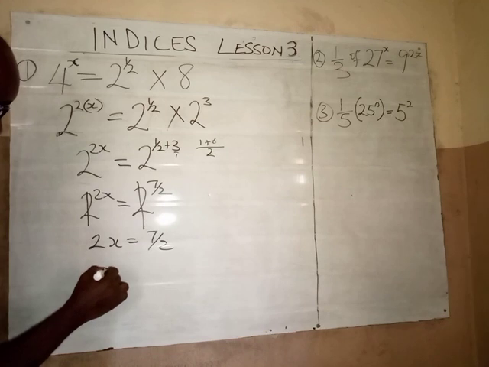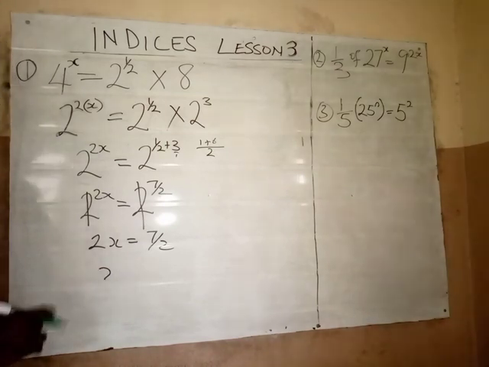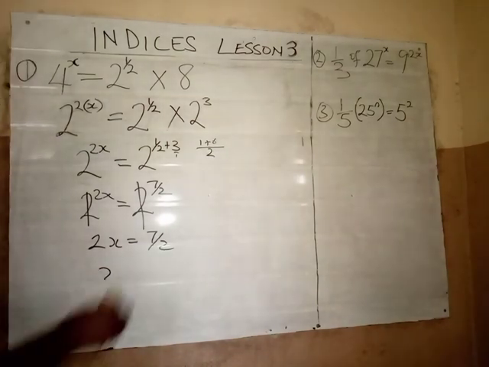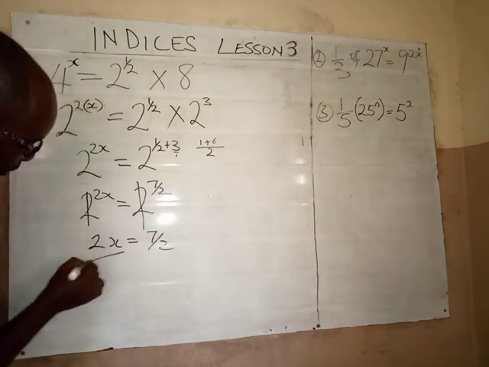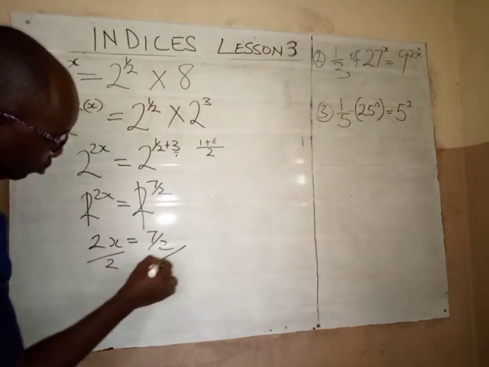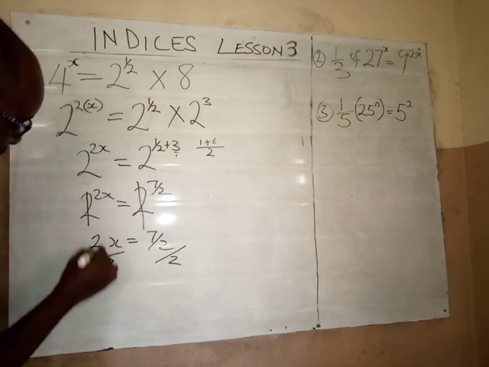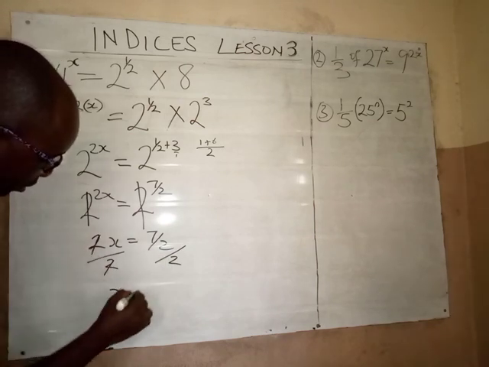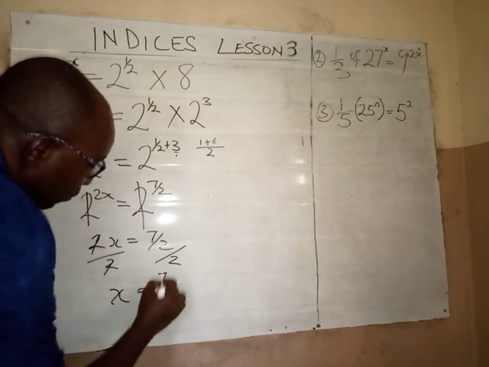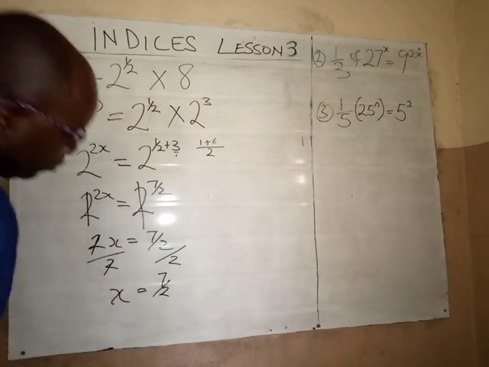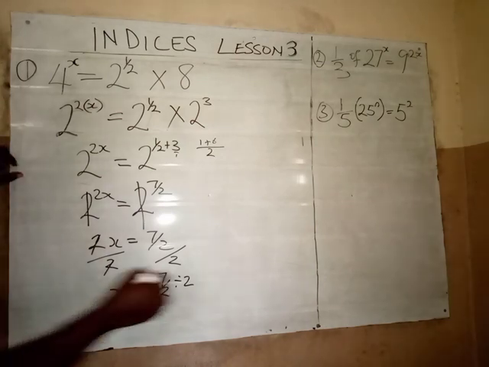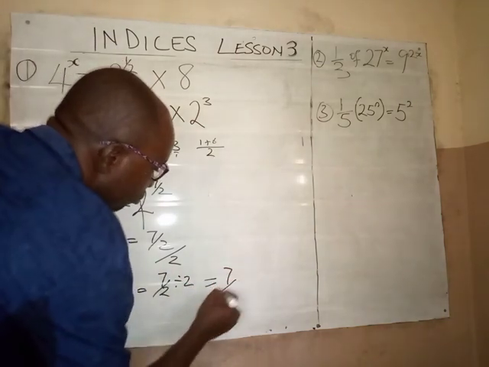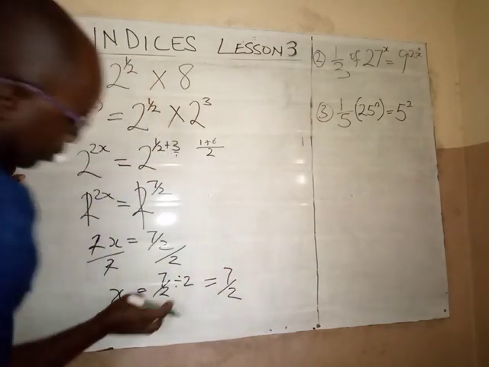Then x will be equal to, divide both sides by 2. So when you divide both sides, you now have x is equal to 7 over 2 divided by 2.